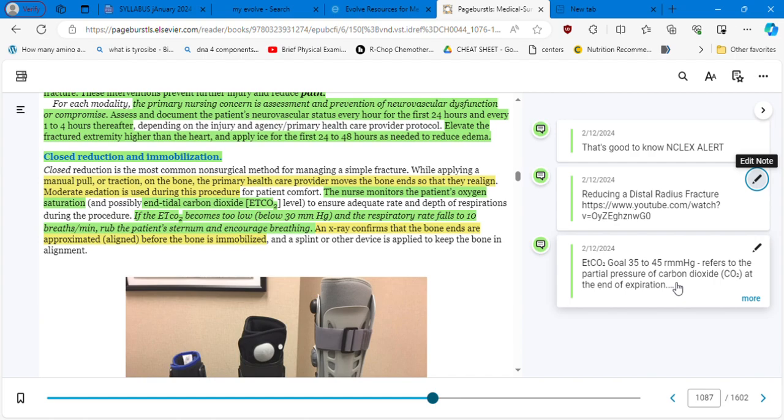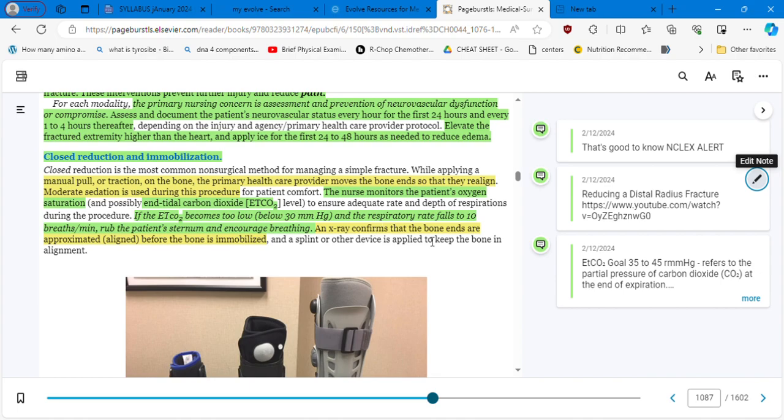This refers to the partial pressure of carbon dioxide at the end of expiration, right? And this is when major surgery is going to be performed, or in case of closed reduction, it's not a major surgery, but the manipulation will be done, okay?